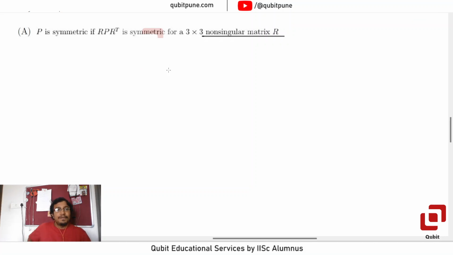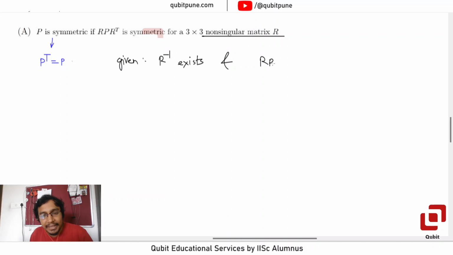P is symmetric if RPR transposed is symmetric for a 3 by 3 non-singular matrix R. Now if you want to prove that P is symmetric, it is enough to prove that P transposed equals P. Now what's given is R inverse exists because it is non-singular, and RPR transposed is symmetric, meaning RPR transposed is equal to (RPR transposed) transposed.